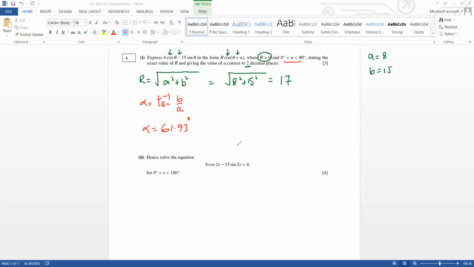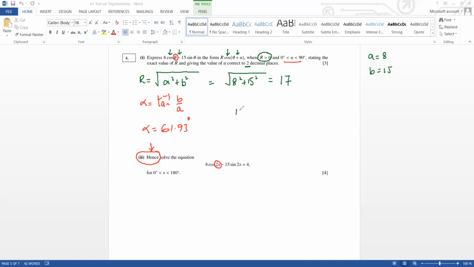Next, it says hence. You people are ignoring this hence over here. It says hence solve this equation. Now he's trying to trick you, because here you're given this angle as theta, but here it is given as 2x. So never mind, let me write this here as well.